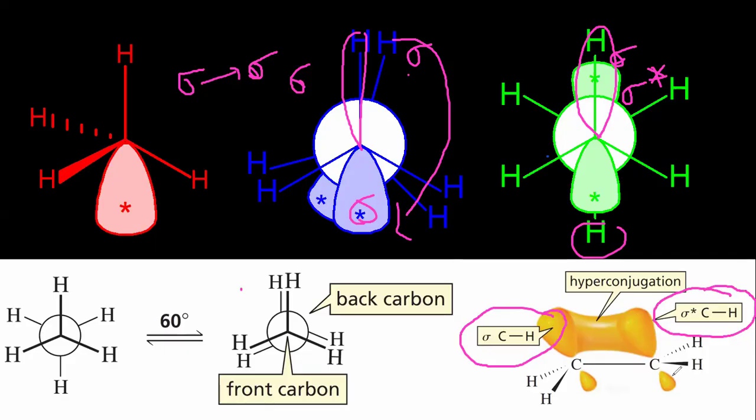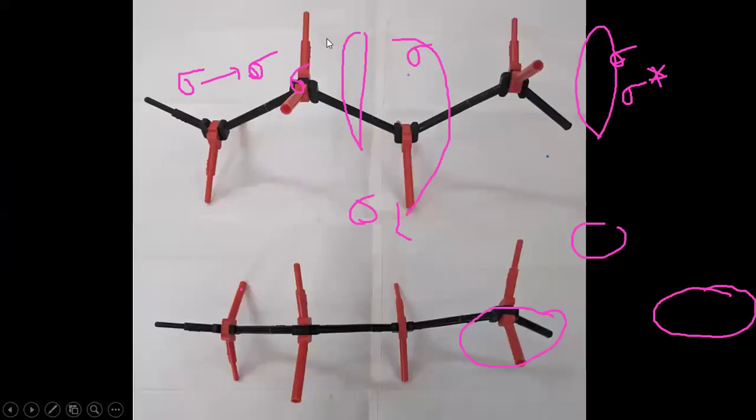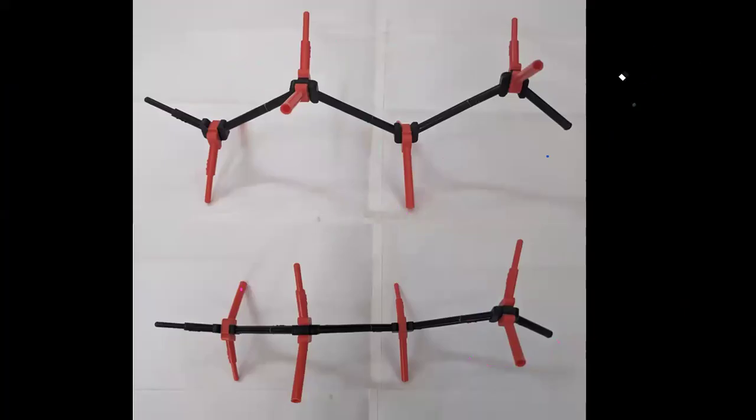Now this is possible only when the hydrogens on the carbons are in this fashion. You can see that only if they are in a zigzag fashion, with the hydrogens like this.